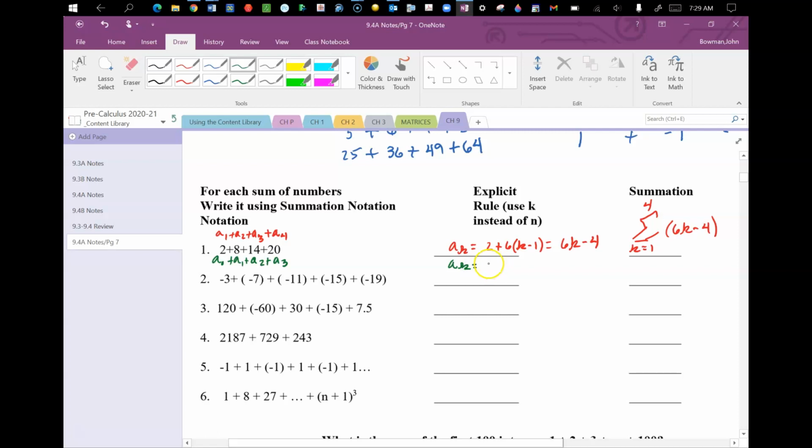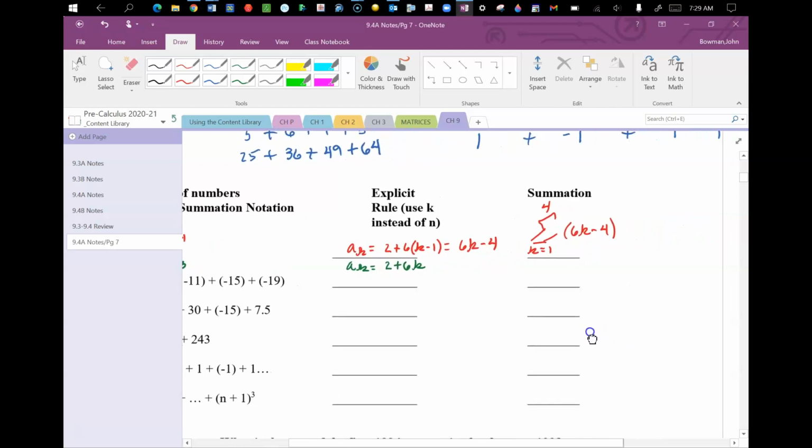Again, we would start with the initial value, and we would add the common difference, but we would add the common difference k times instead of k minus 1 times. Now, obviously, the explicit rule looks slightly different, and I will show you in a moment that we get the same result.